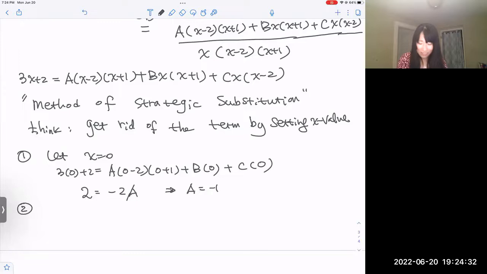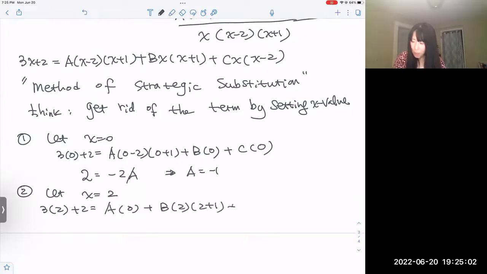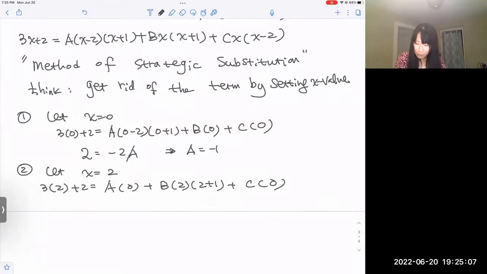Second one, let x equal 2. If we set x equal to 2, then this will be 0, and this will also be 0, right? So using that, 3 times 2 plus 2 equals A times 0, plus B times 2 times (2 + 1), plus C times 0.